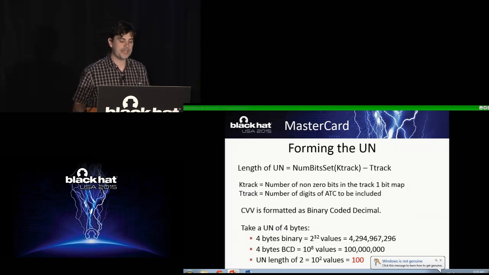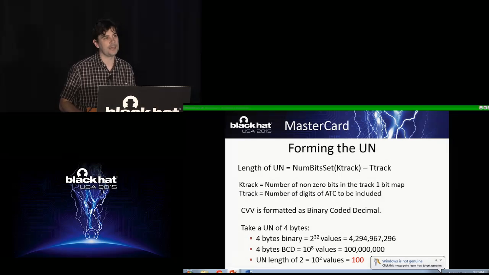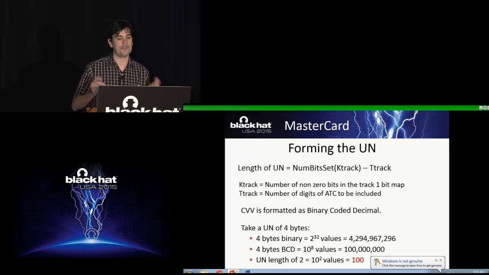However, the issue is you need to also limit the size of the data in the magnetic stripe. What this means is you're limited by the number of fields you can use. So in this case, you've got a UN length of 2. In that case, that's 10 to the 2 values, which means there are only 0 to 99 numbers for the unpredictable number.